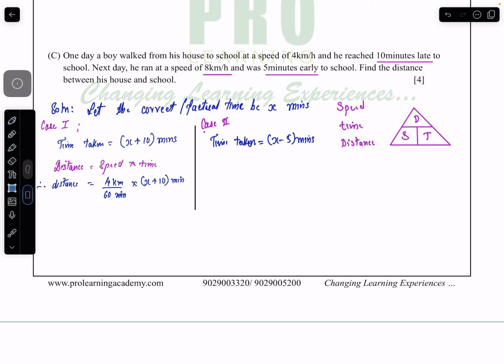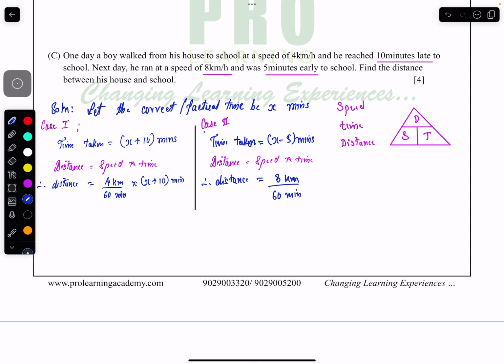Therefore, distance is speed into time, and that remains the same. In case number 2, the distance still remains the same. Here we will use 8 kilometers per hour, which we treat as 8 per 60 minutes, times x minus 5 minutes.